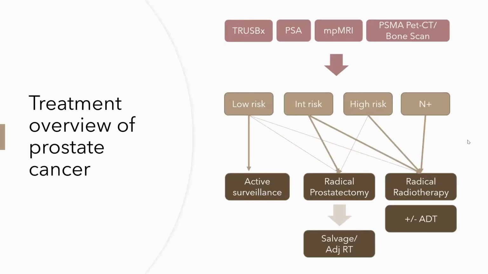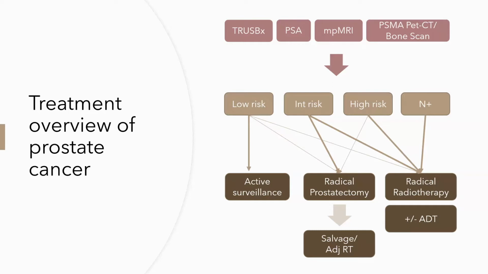Now, if you look at the treatment overview of prostate cancer in one slide, prostate cancer first has to be diagnosed and staged. And the common investigations at the moment are a TRUS-guided biopsy, a PSA test, a multiparametric MRI, and either a bone scan or a prostate-specific membrane antigen or PSMA PET-CT scan.